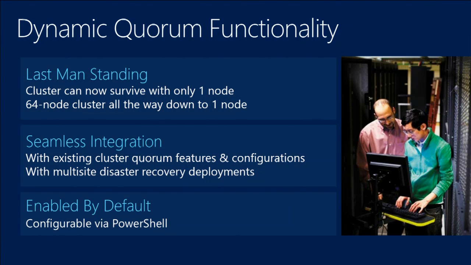So if you have a 64-node cluster, you may shut down nodes sequentially, 1 node at a time, all the way down to the last node. That's your last man standing scenario. Of course, not all the 8,000 VMs that we support would be running on that node, but at least the cluster's up and running, and you can start taking some good steps.